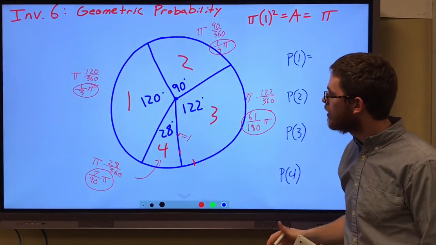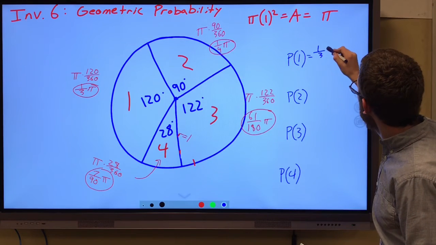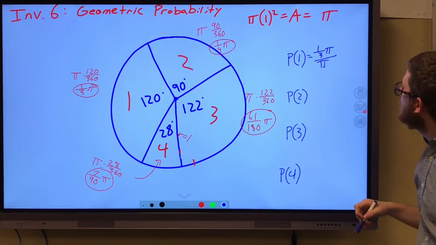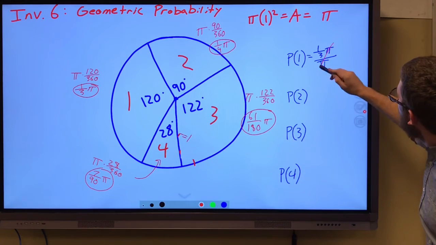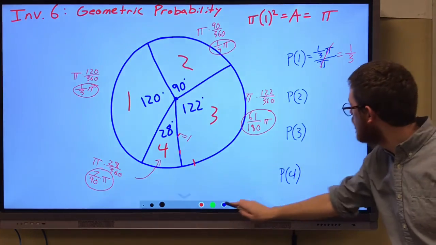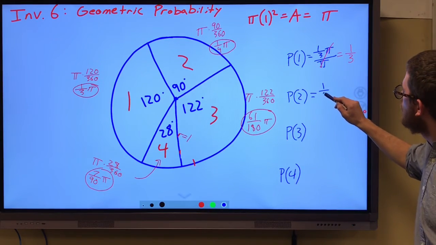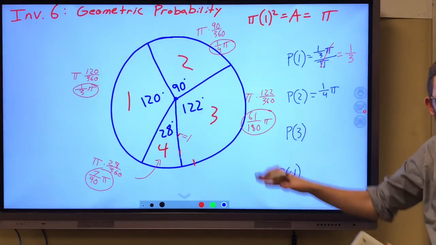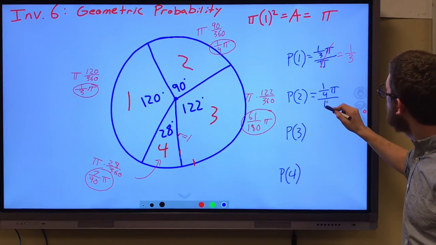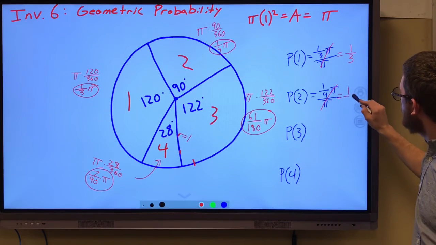So if we're looking at 1, well, the desired is a third pi, and we want to divide it by the total area, which is pi. Well, in this case, the pi's cancel out, we're left with a third. Spinning a 2. This is 1/4 pi, which is desired. If we wanted to get a 2, that would be the desired outcome out of the total pi. We cross out the pi's, we're left with a fourth.